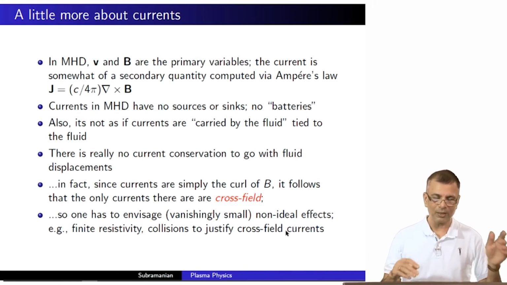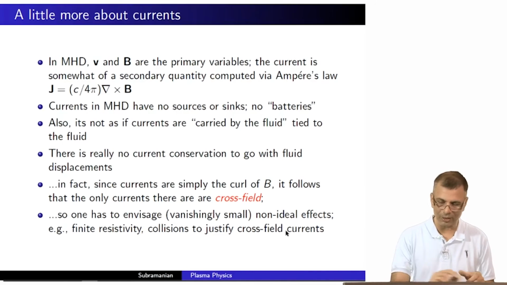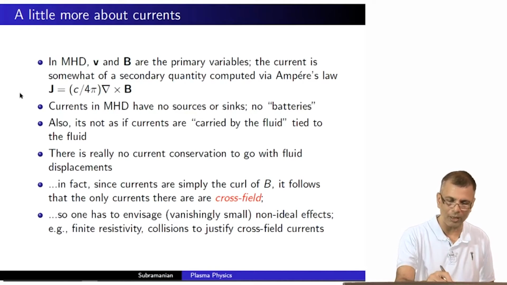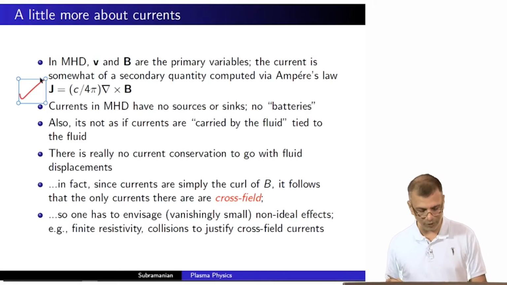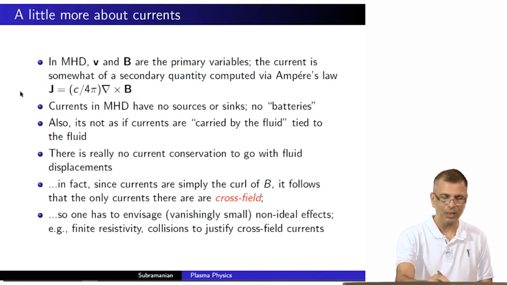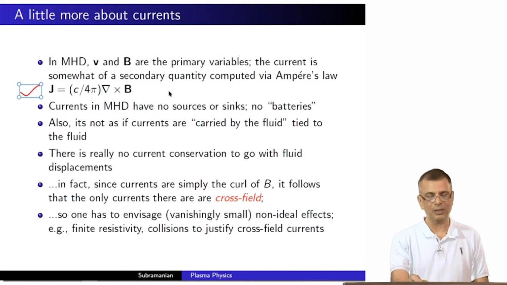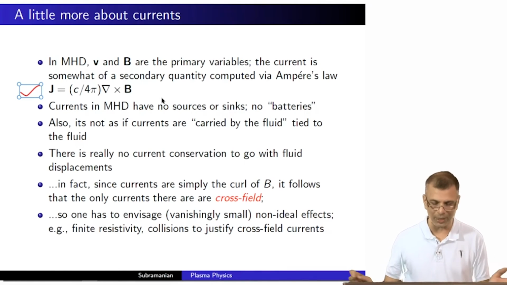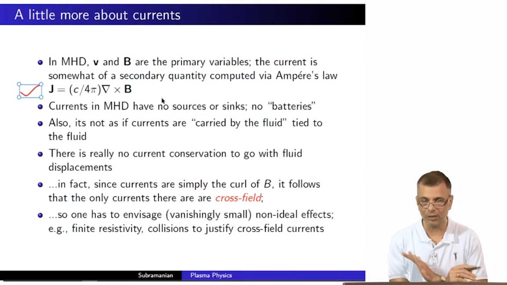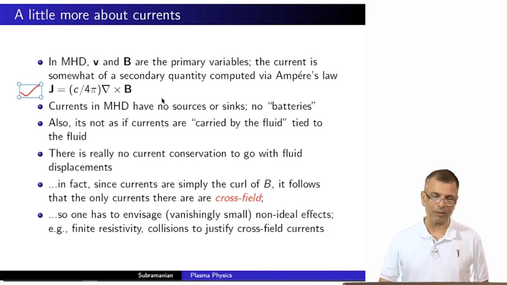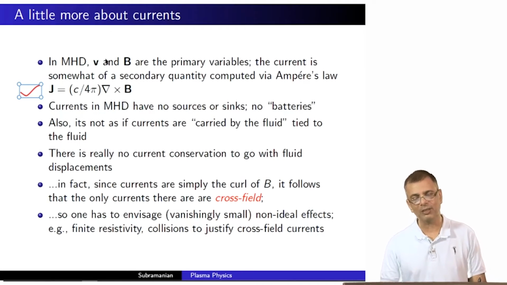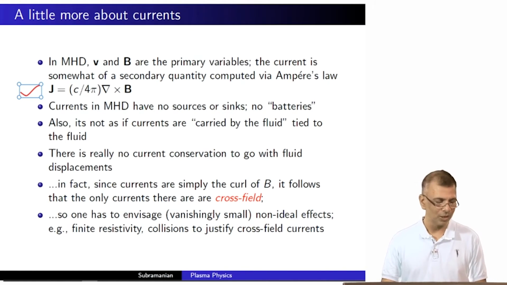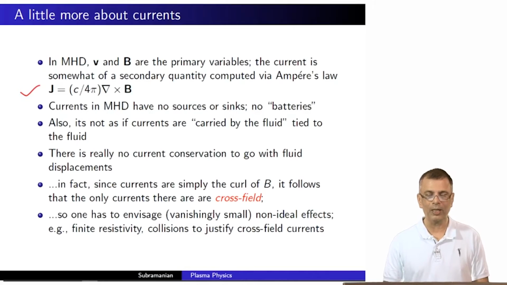There is really no point in trying to ascribe too physical a meaning to the current density J. I simply say that the current density is just this equation, a proxy for curl of B. That is it, and there's no need to discuss any more. So these are some of the strange things about current density in MHD. I thought it was worth spending some time talking about it.